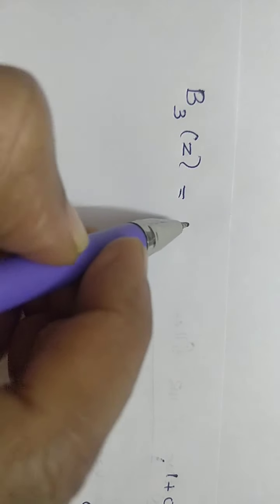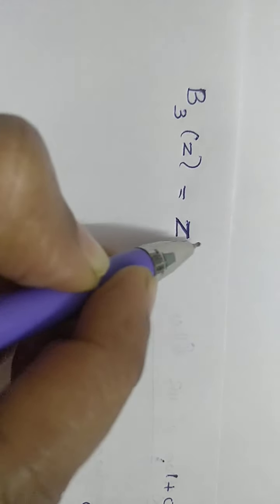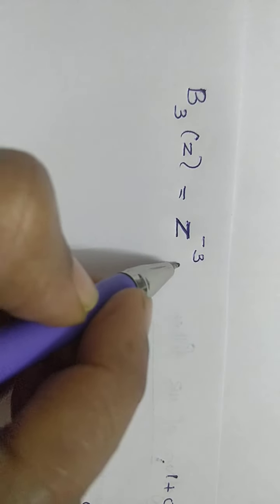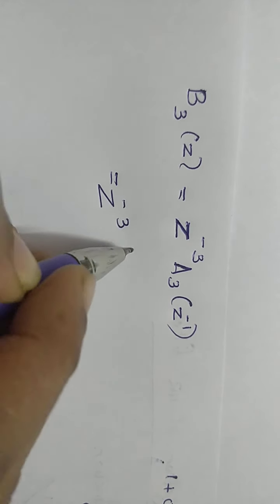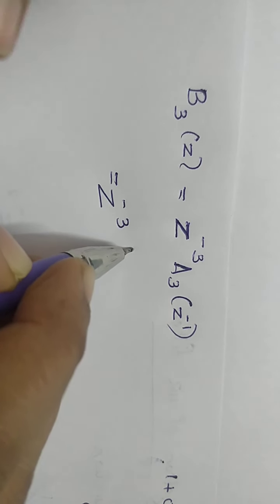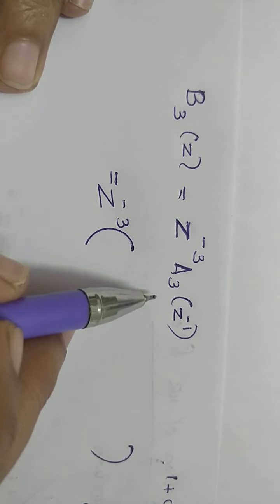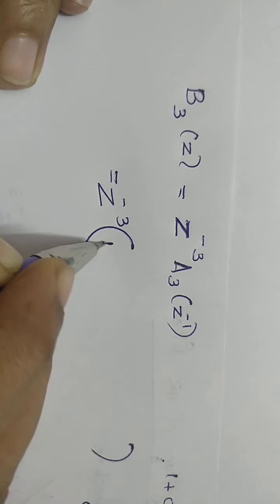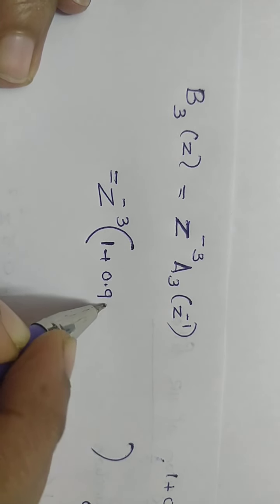There is one more equation for finding out b3 of z, that is we are multiplying z raised to minus 3 with a3 of z inverse. What is the value of a3 of z? 1 plus 0.9 z, minus 0.8 z square, plus 0.5 z cube.